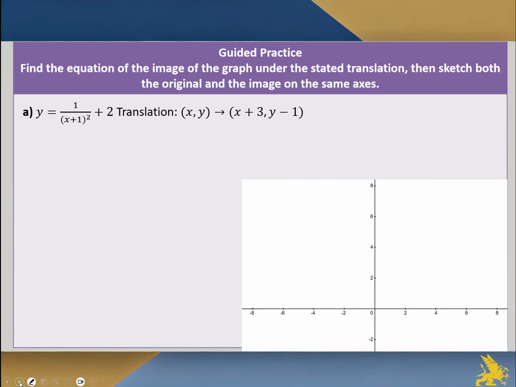Okay, so the last question that we are going to do is we are going to look at finding the equation of the image of the graph under the stated translation. Then we're going to sketch both the original and the image on the same axis. So straight away, we know what these graphs are going to be.